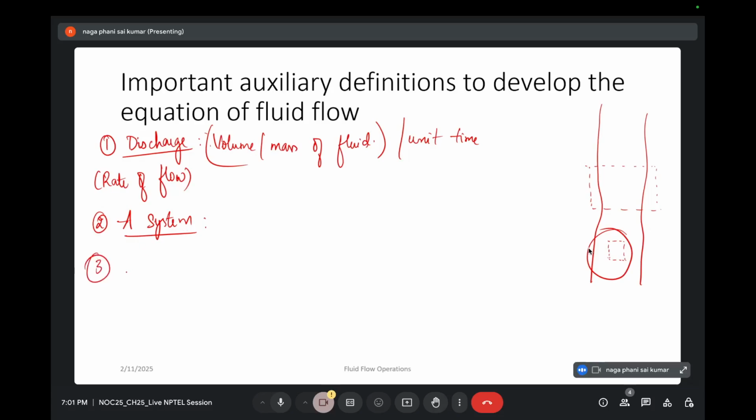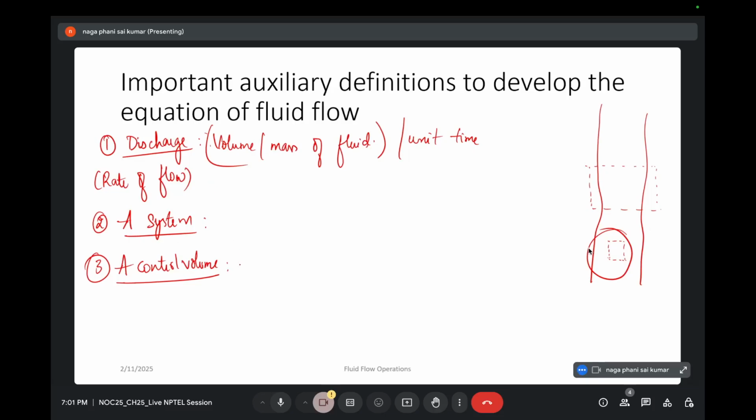Then we have a control volume. Again, this could be a real or imaginary volume. Depending upon your analysis, it can be a real or imaginary volume, which can be defined in a problem for the purpose of easily identifying a system.